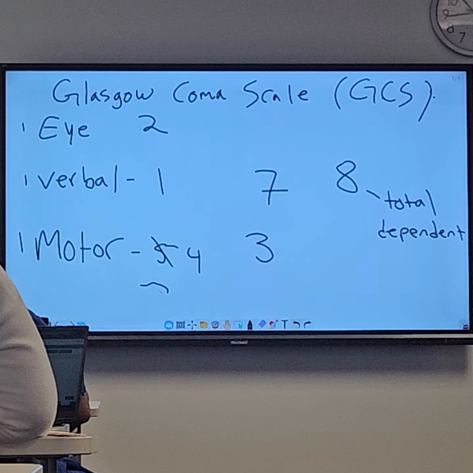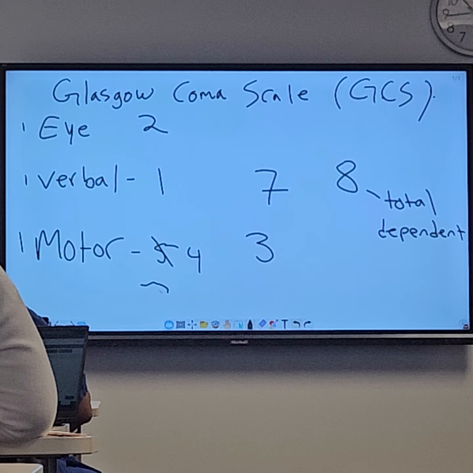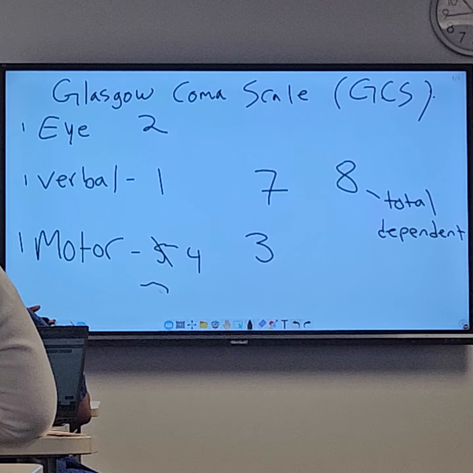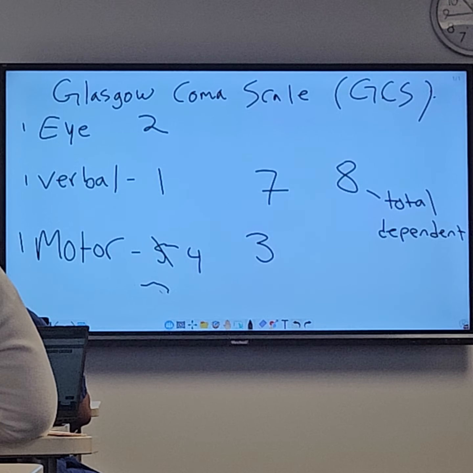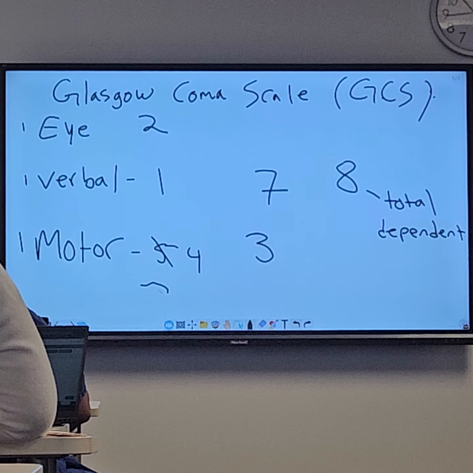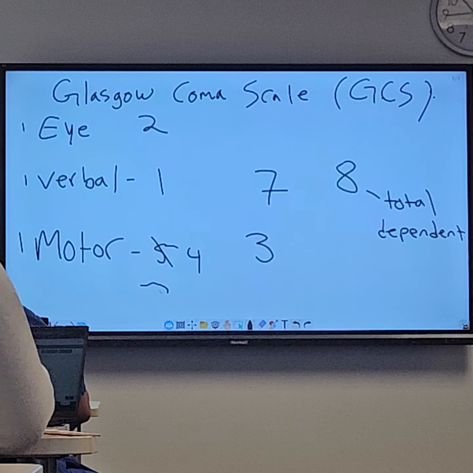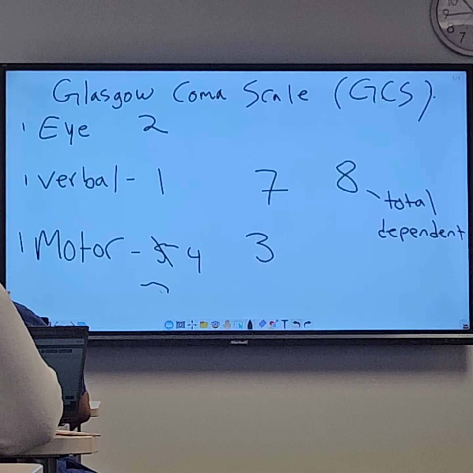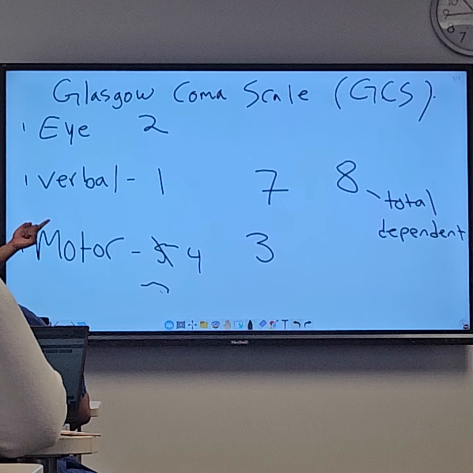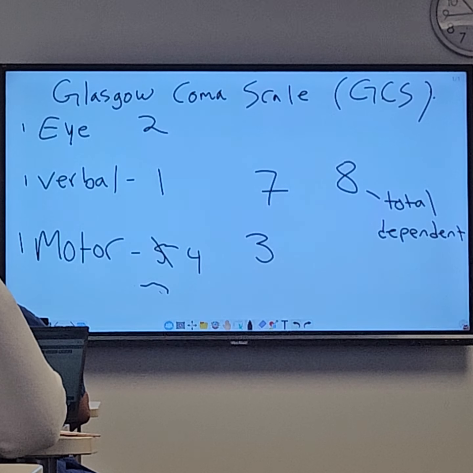Then yeah, there's still a lot of function there. For example, I see people who are just confused, they're like a 14 or a 13, depending on whether they're not even making sense, just saying random stuff. Or they could be a 13 or 12 if they don't listen to you, like when you say raise your arms.